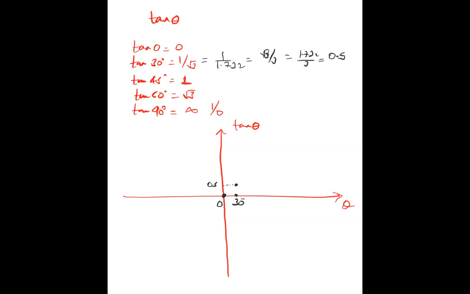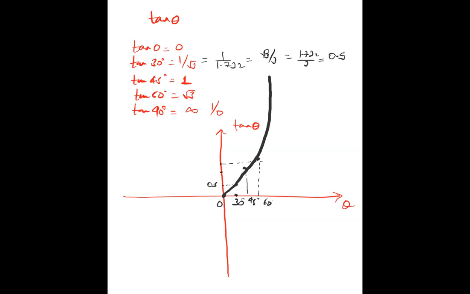Then tan 45 degrees is 1, so it will go here. At 60 degrees it is 1.732, maybe here. If you join everything, it becomes like this.